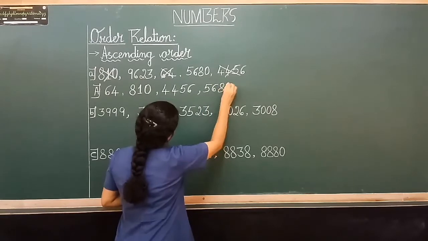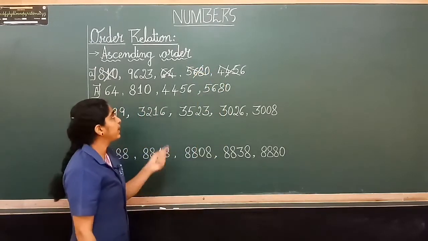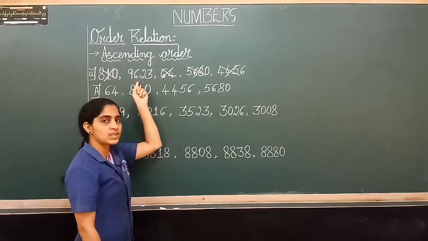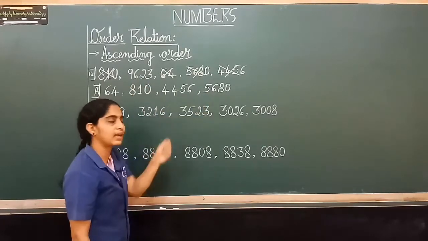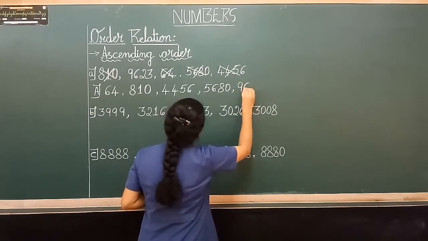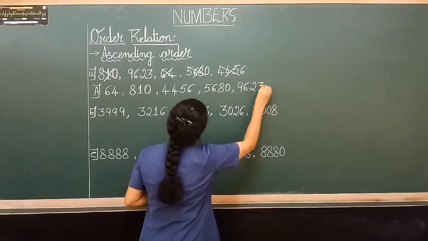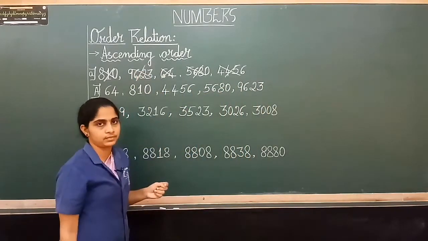Now remaining number is 9623. As it's the last number, we have to write that number at the end. As we have written this, let us cut this as well.